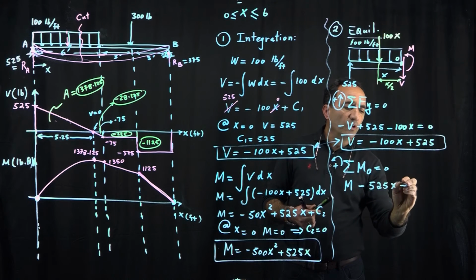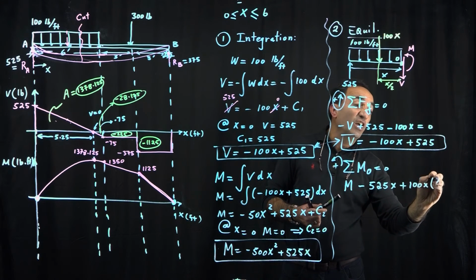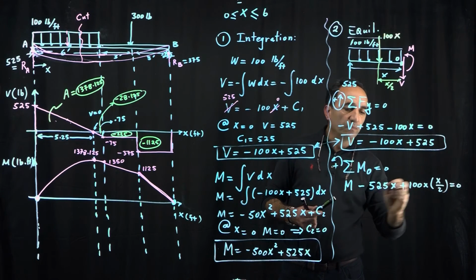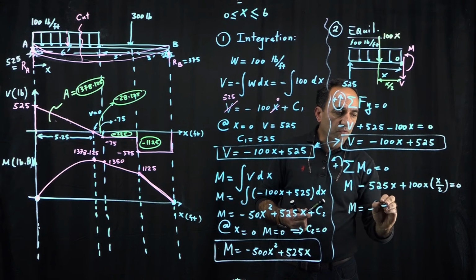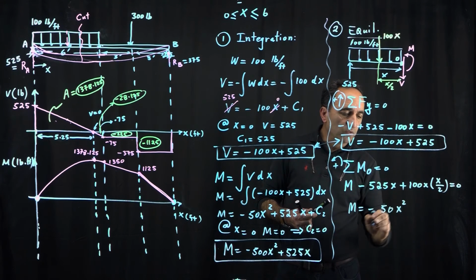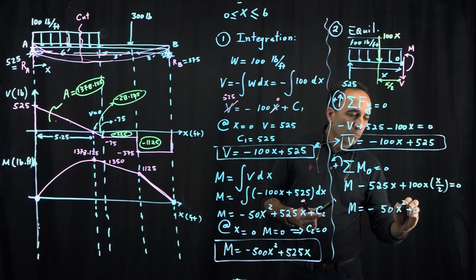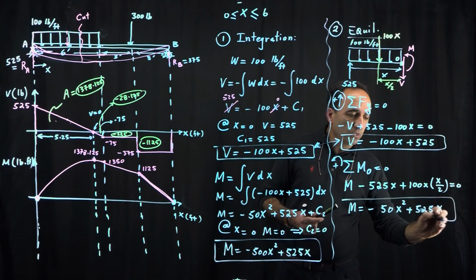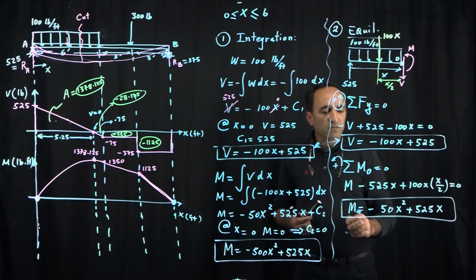And then what about the 100x? That's going to have actually a positive moment, 100x times x over 2, equals 0. And as expected, of course, when you clean this up, this becomes minus 50x squared plus 525x. And that's the equation of the moment as a function of position.